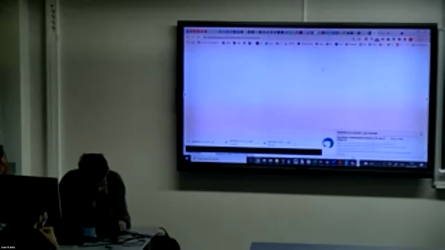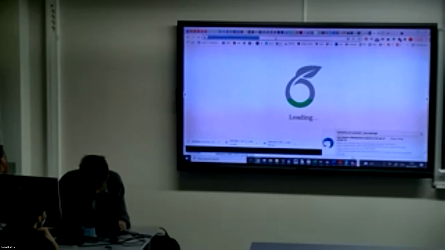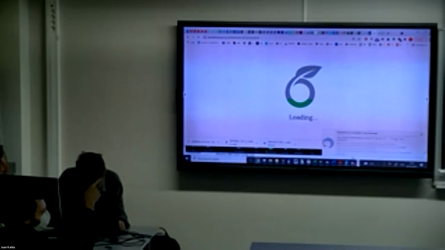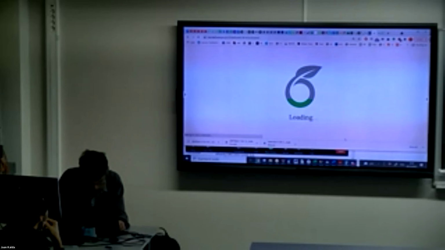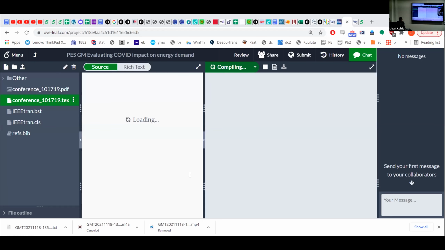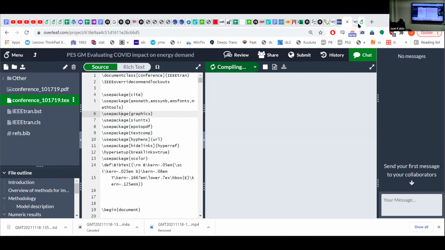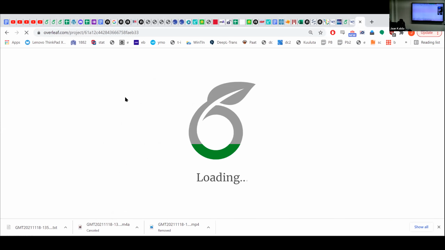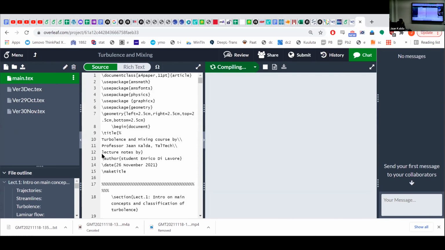I have many Overleaf projects here ongoing, so let me see if I need to open the right one. Yeah, that one. So it looks like that.